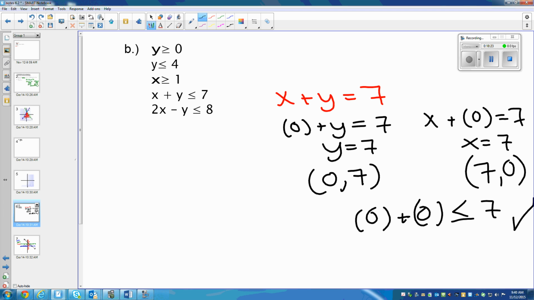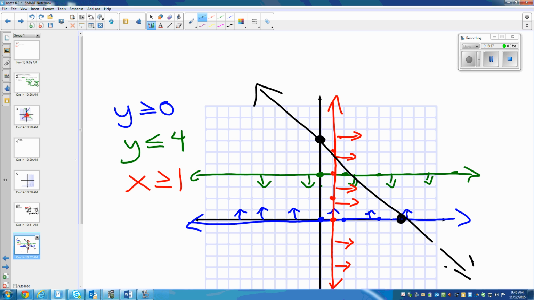Yes, that's why we color towards 0, 0. So now we see in arrows, we're going this way, right? So right now, our feasible region is almost a triangle with its head chopped off, right? Do you guys have that?